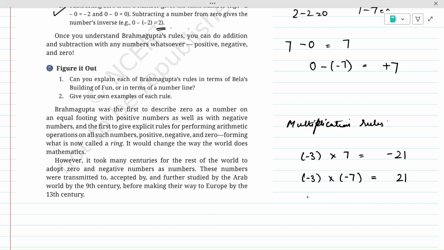Also, if I am multiplying two positive numbers, the answer will be positive. So if you remember all these things, it will be very easy for you to do these questions.